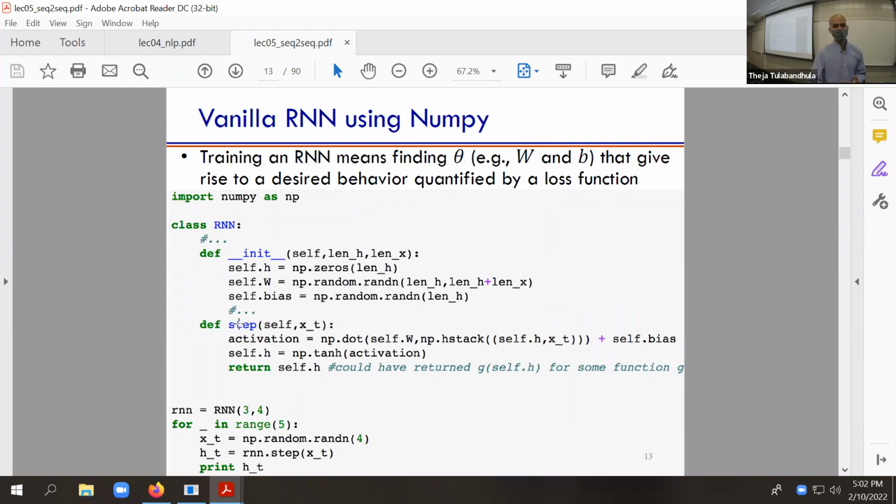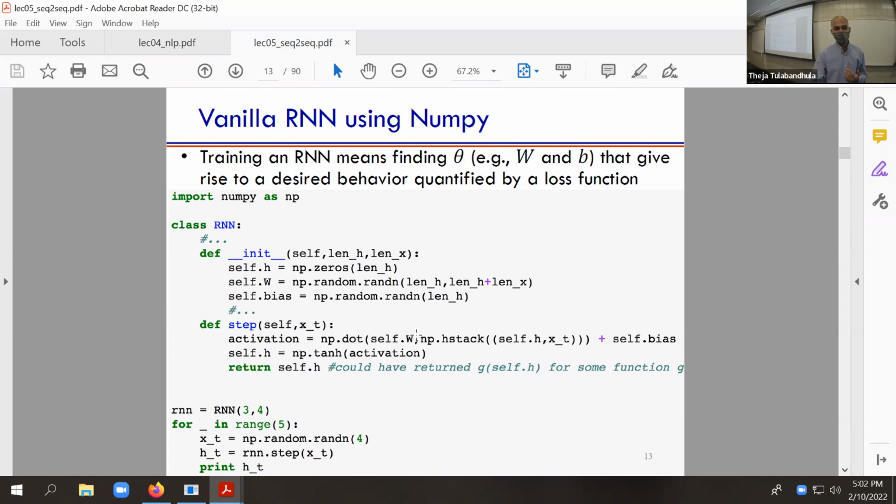Now, a step in the RNN, one computation of A, takes xt as an input. Ideally you should take h from before, but since I'm remembering it anyway, it's present already. So xt and h are concatenated; you can see that self.h comma xt is concatenated using an np.hstack operation.